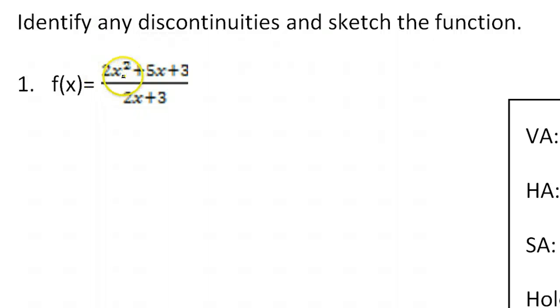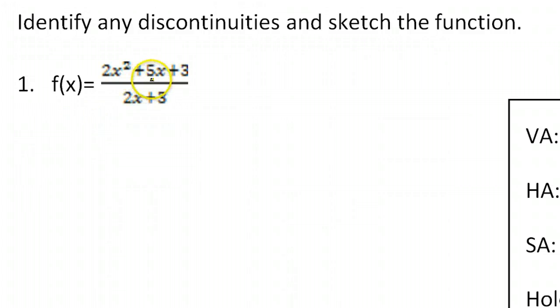Okay, now let's talk about the slant asymptotes. If the top degree is 1 more than the bottom degree, then there might be a slant asymptote. I say might because we have to make sure that the denominator doesn't cancel out. So we could try to factor this, or a fun thing to do would be to go ahead and try to find the slant asymptote.